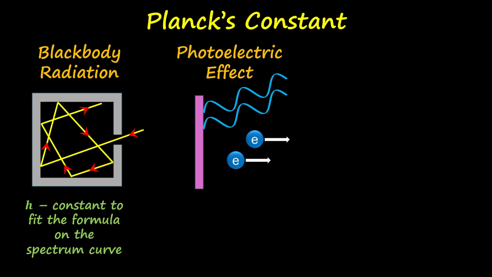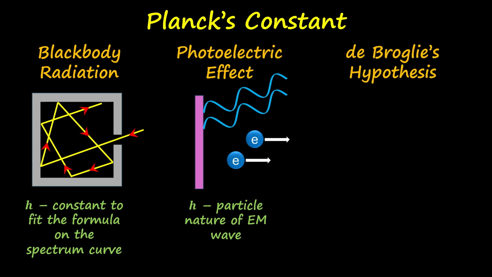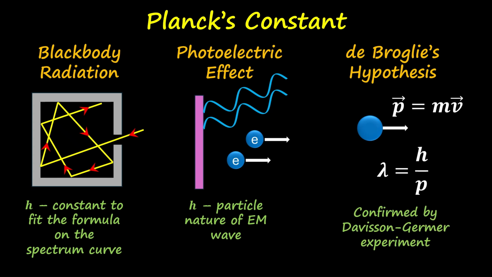And again, using the experimental data of the photoelectric effect, the value of this constant was confirmed. Then later on, de Broglie used this constant to propose his hypothesis, that is, if there is a particle with momentum p, then we can associate a wavelength given by this relation. And this was again later confirmed by the Davisson-Germer experiment.